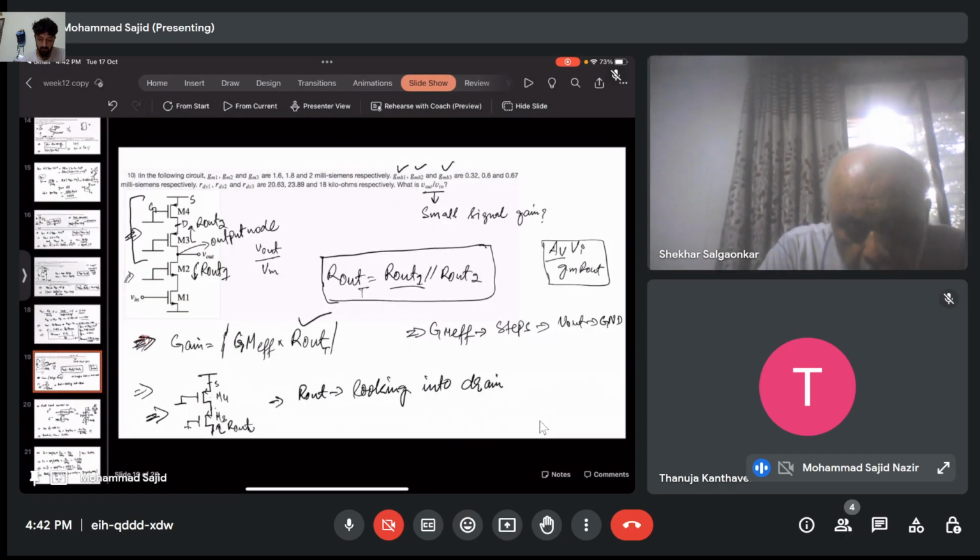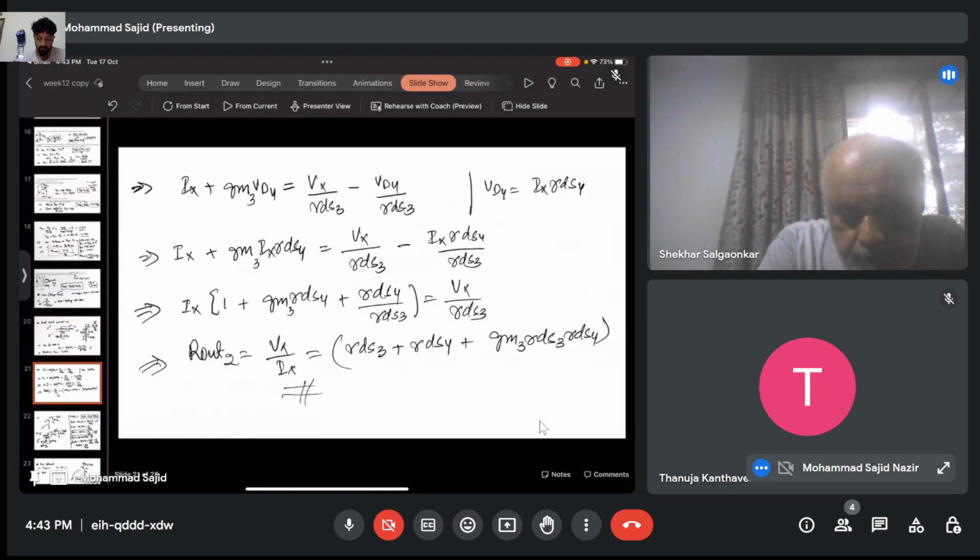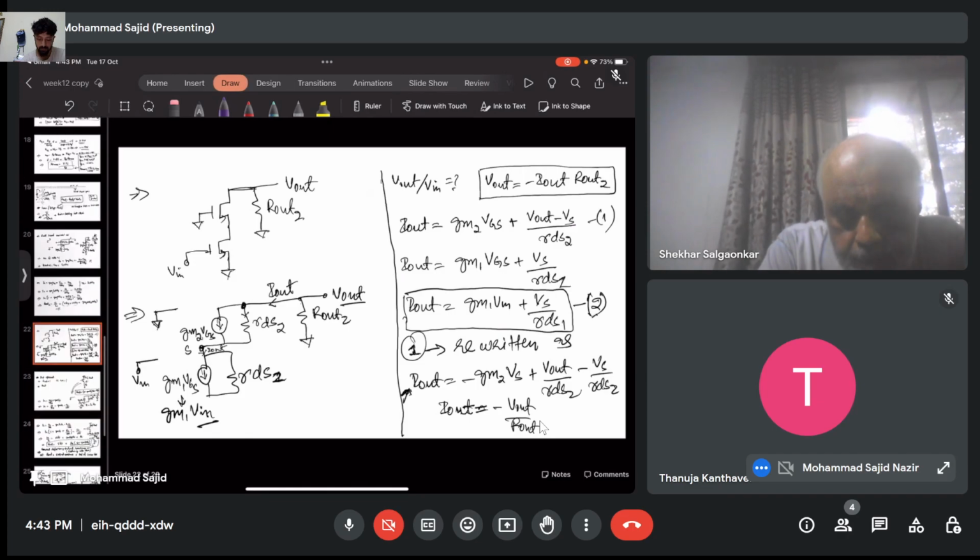And this is how you calculate R out. I think you discussed it very well, right? Yeah, that's right. How you can calculate the output impedance. I told you to remember that formula as well, like this one: source resistance plus drain resistance and gain multiplied by that.